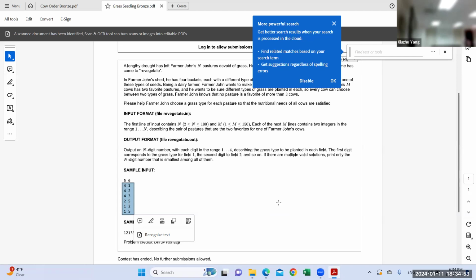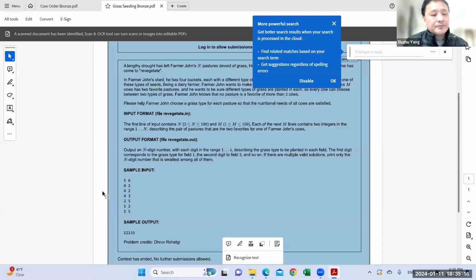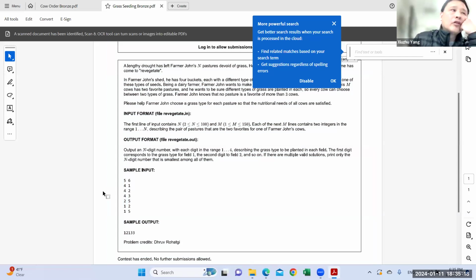Get those positions, and each one, I think they are in that row. So if you do that, you should be able to get what seed needs to be put into that pasture, that position, in the loop.